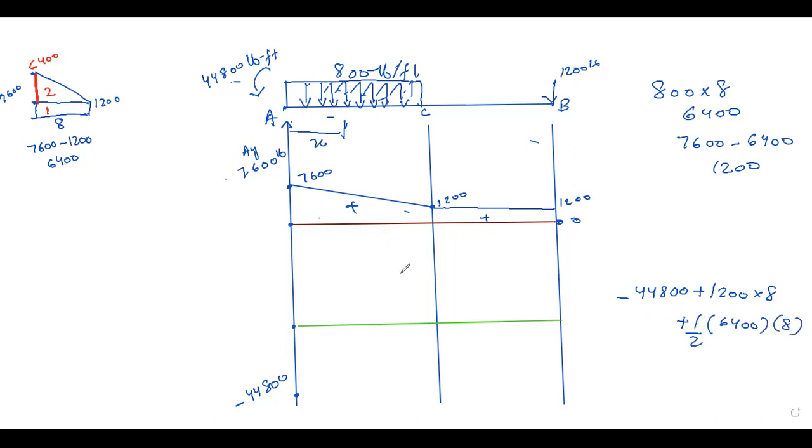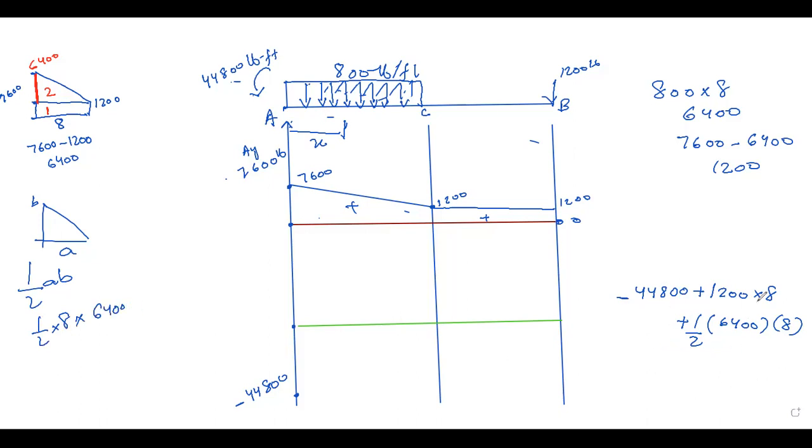Why? Because the area of a triangle is half AB. Suppose this is a triangle, this is A, this is B. So the area of a triangle is half AB. So in our case, A is 8 and 6400 is B. So we just make it like this.